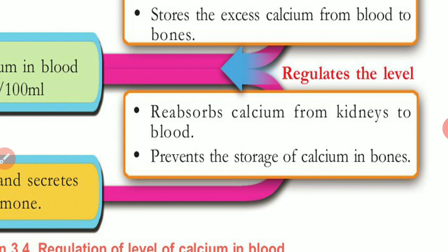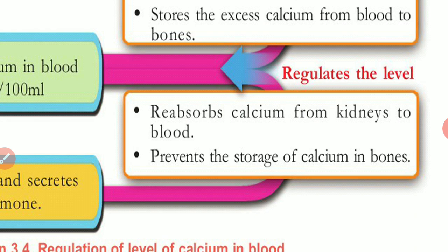Normally when there is excess calcium in the blood, during the filtration of blood by the kidneys, there is a possibility of removing calcium through urine. That is why the kidney is mentioned. Parathormone reabsorbs calcium from kidneys to blood.